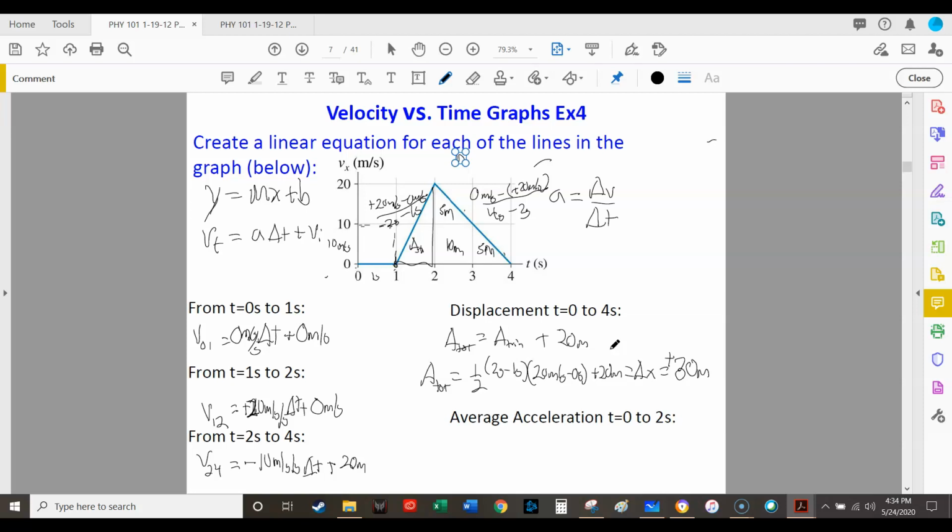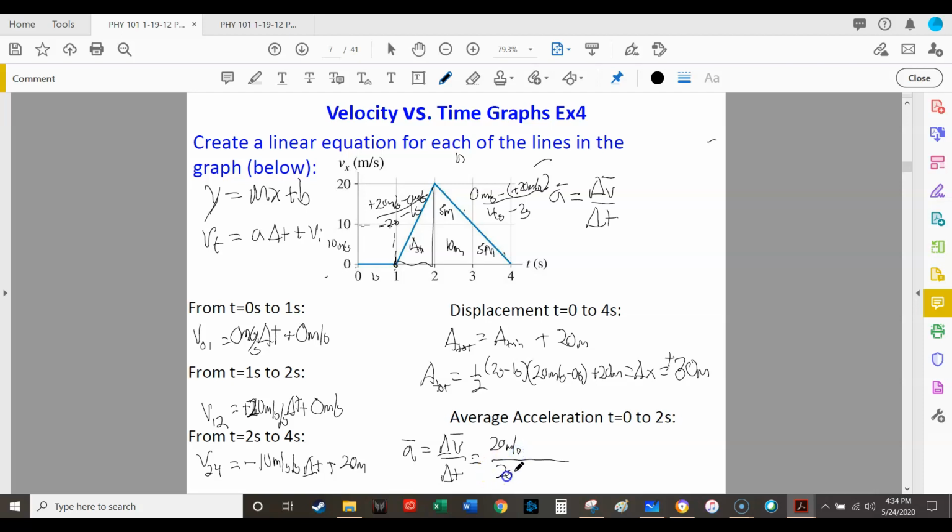Pretty cool. The last thing that we're going to do is find the average acceleration. And again, the average acceleration is going to be the velocity, I'm going to put little vector heads on those things, divided by time, right? And the average acceleration is a vector. Well, what is the velocity? And we're doing from 0 to 2 seconds. Well, at the 2 second mark, the final velocity is going to be 20 meters per second.